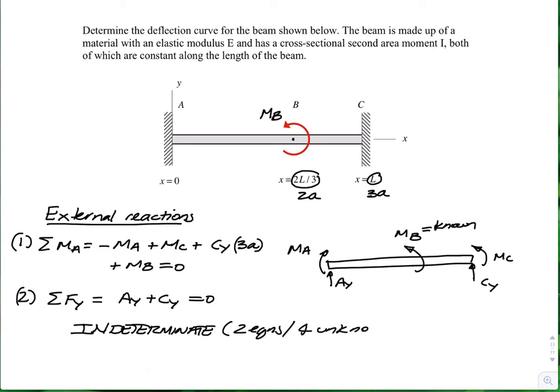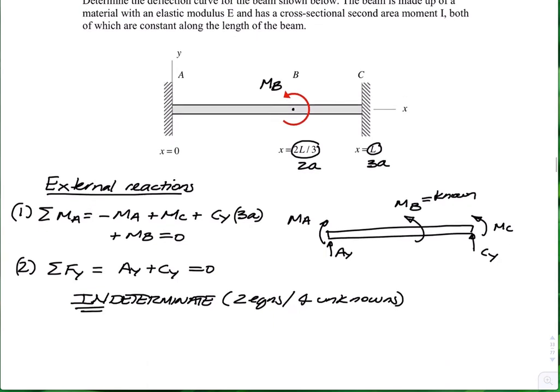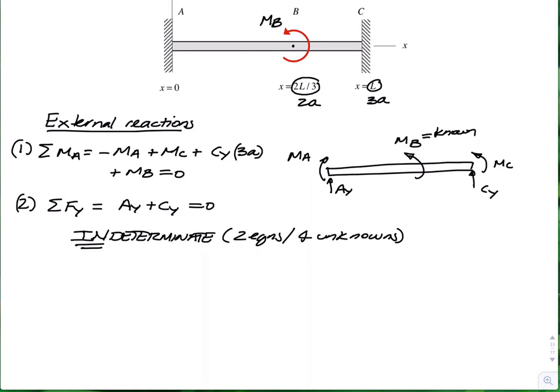We have 2 reactions at A and 2 reactions at C. So it's indeterminate. We need to come up with our deflection equations, which make up our compatibility equations, that tell us what those additional 2 equations are going to be.